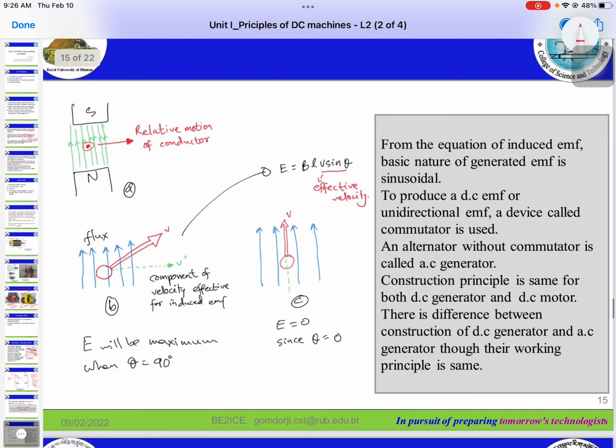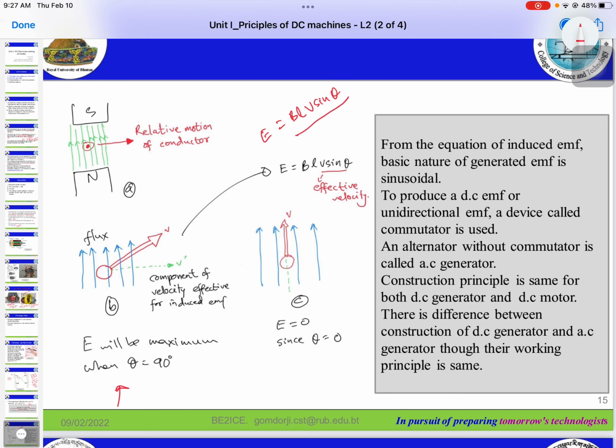Now let's say your velocity is not perpendicular to the flux. In that case, we can resolve the components of the velocity as shown in figure B here. In figure B, our induced EMF is given by E equals magnetic flux density times the active length of the conductor times the component of the velocity, V sin theta.